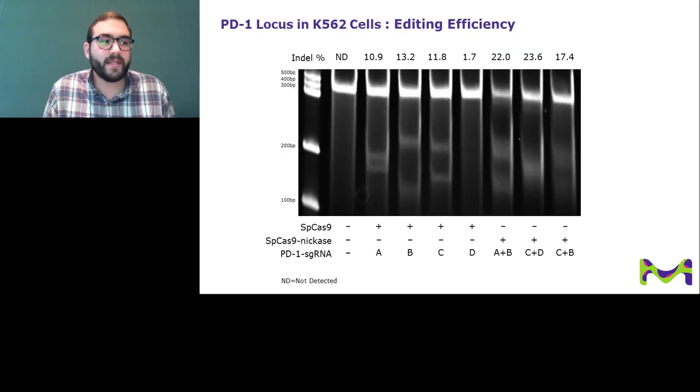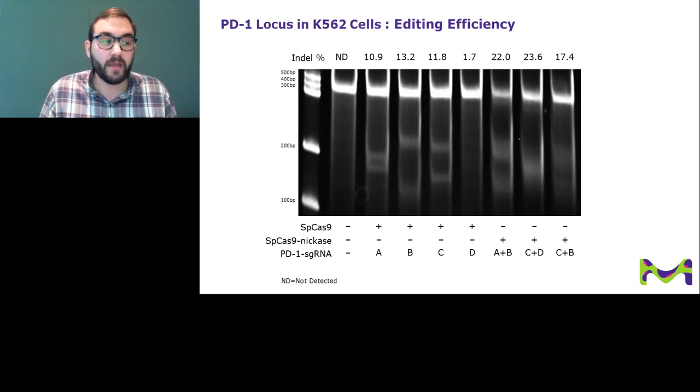We wanted to quickly test to see if the system was functional and that the guides we designed for PD-1 were able to work. So we did a quick experiment in K562 cells. This is a cell 1 gel that shows that each guide achieves 1 to 15% indels alone with wild-type SpCas9.